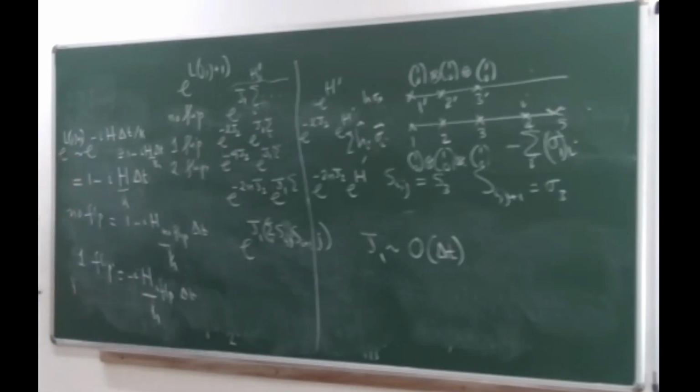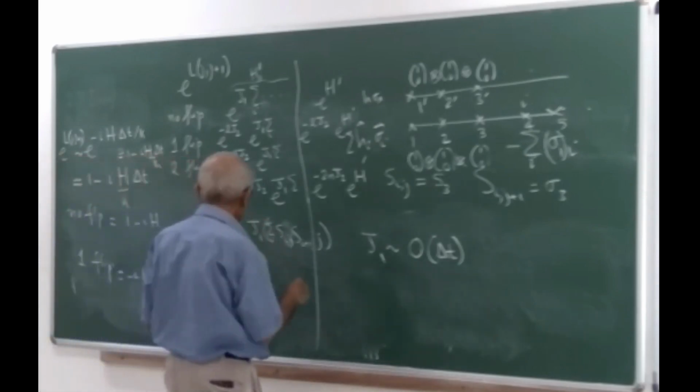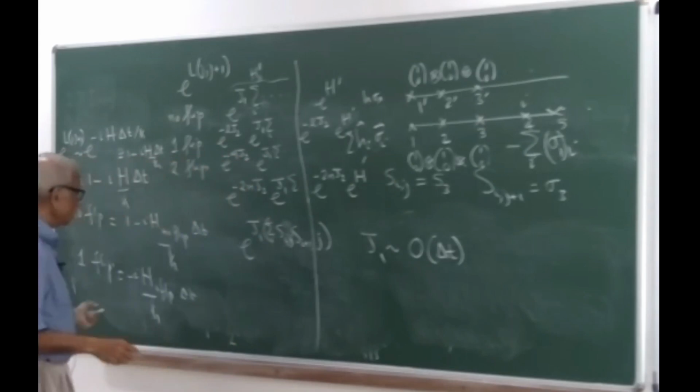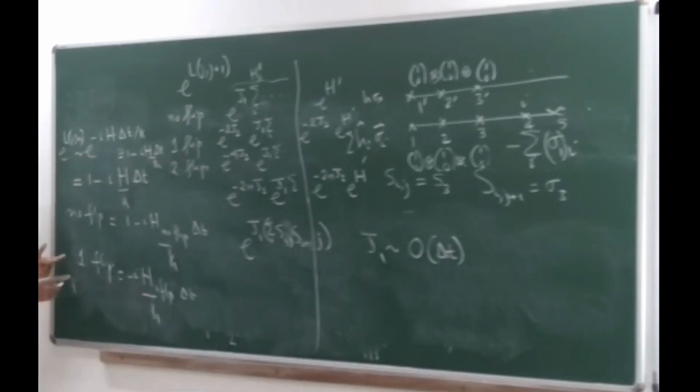So this one flip relative to the zero flip is down by a factor of e to the power minus 2j2. So one flip is of the order of e to the power minus 2j2.